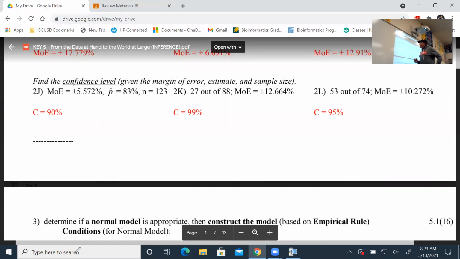The margin of error is this, so I'm going to go Z star, which I don't know what that is, times the square root of, they give you P hat, 83% times 17% over 123, equals 5.572.